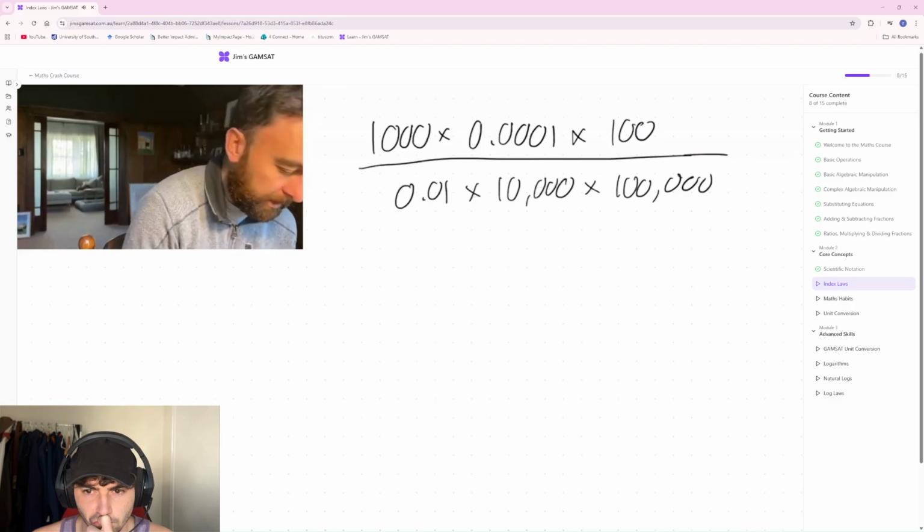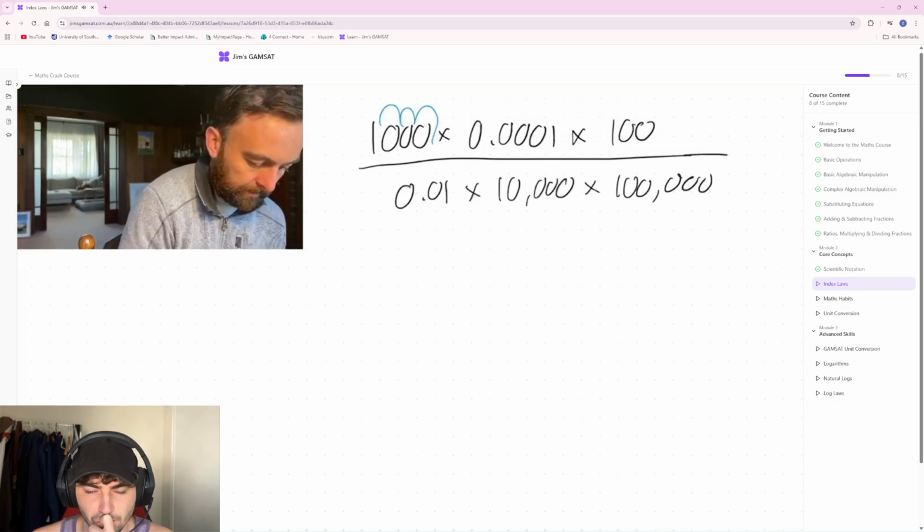Well, we just convert all these numbers to scientific notation. So 1,000 is just 1, 2, 3. I'm not going to do all of these, but that would just become 1 times 10 to the 3.